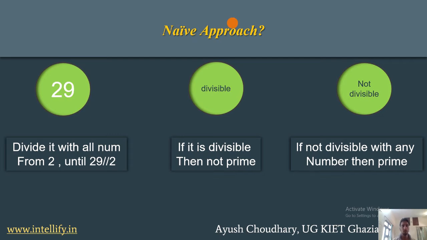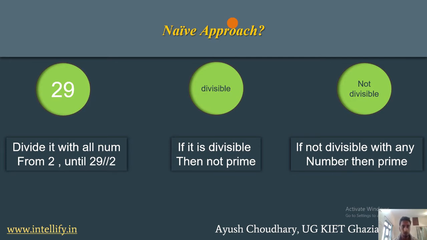So what is the naive approach of finding a prime number? If a number is prime or not, what is the naive approach? The basic naive approach is, let's say we have a number 29 and we want to find whether 29 is prime or not. We will start by dividing it by 2, then 3, then 4, then 5, then 6, until half of the number, until 29 by 2.